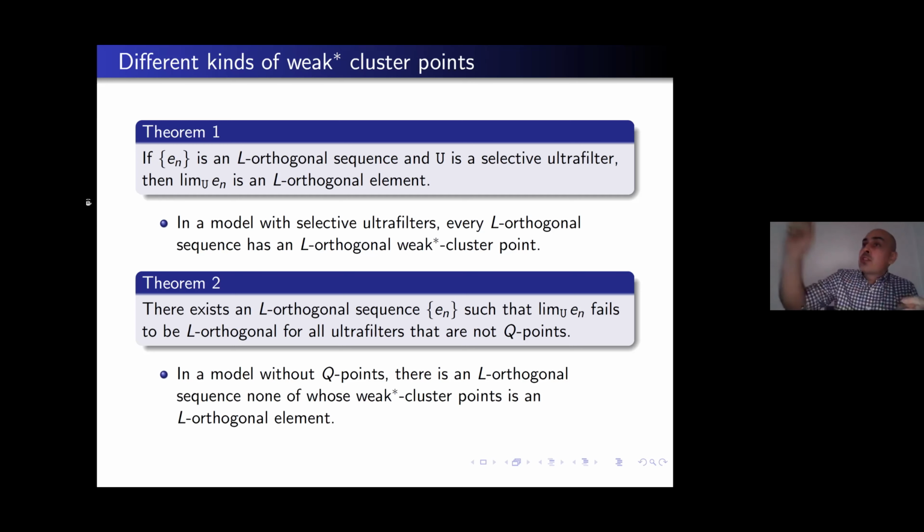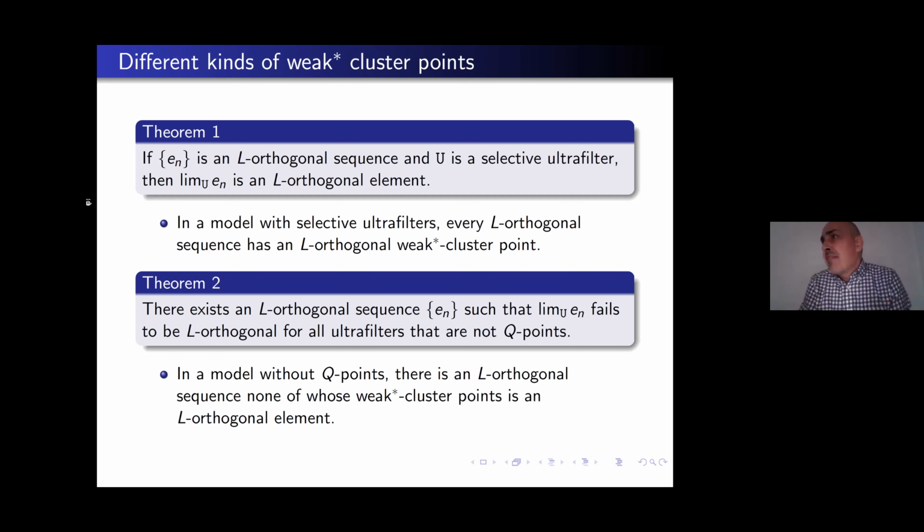If I take an ultrafilter which is not a Q point, I get an element which is not L-orthogonal. And we have some region in the middle, those ultrafilters which are Q points but not selective, where we are not sure what happens. Actually, we don't know.